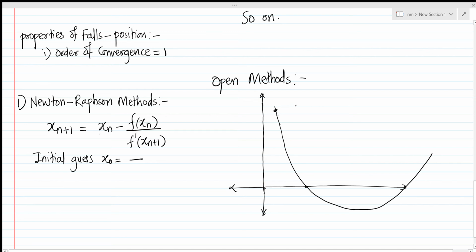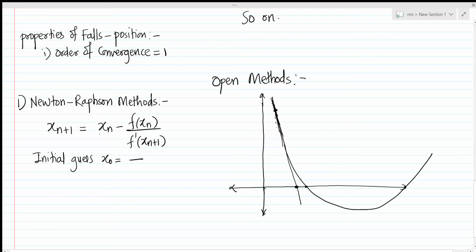Suppose this is our first initial guess. In the Newton-Raphson method, we take the slope at this point and extend the line from that slope.